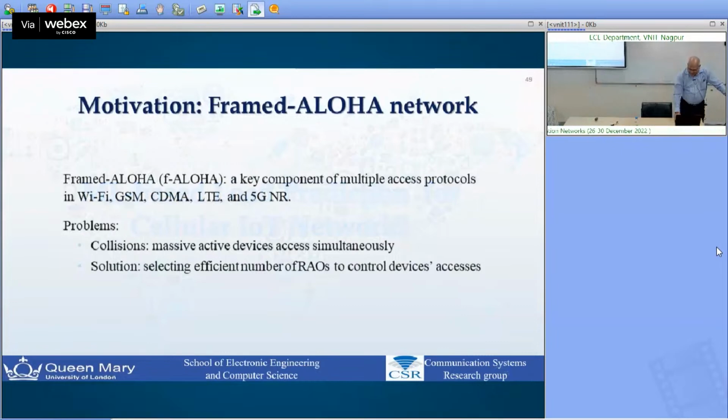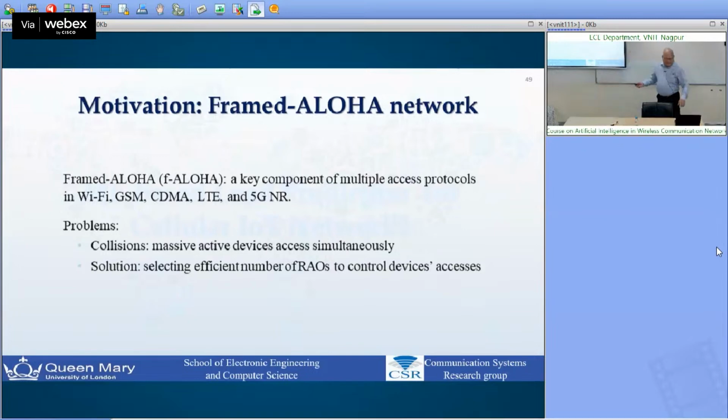So here, if we take the literature, the framed ALOHA is the key component in multiple access protocols, whether it is Wi-Fi or GSM or LTE or 5G. Everywhere we have framed ALOHA.